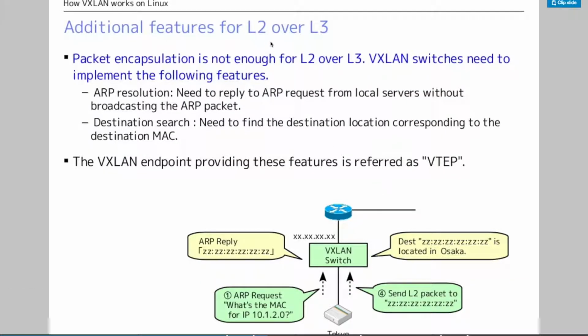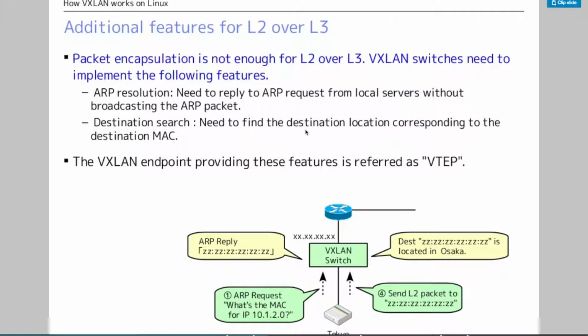Additional feature for L2 over L3. So packet encapsulation is not enough for layer 2 over layer 3. VXLAN switches needed to implement the following features. ARP resolution: needed to reply to ARP requests from local servers without broadcasting the ARP packet.